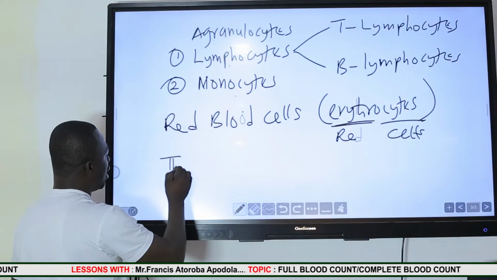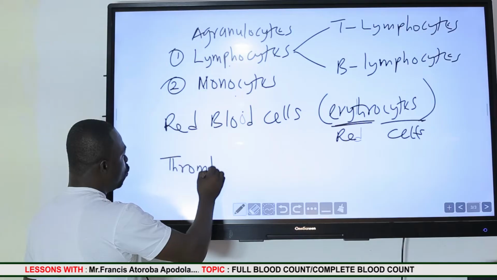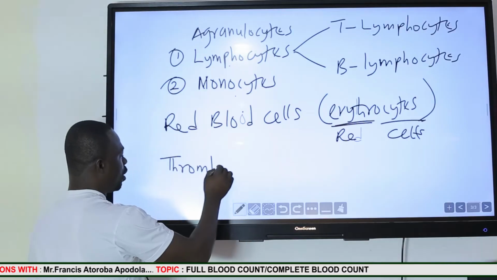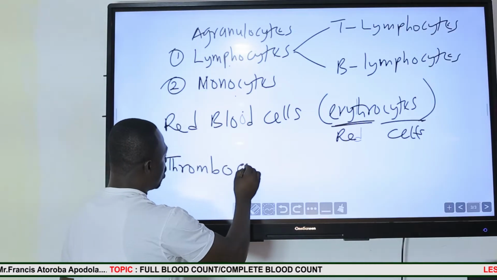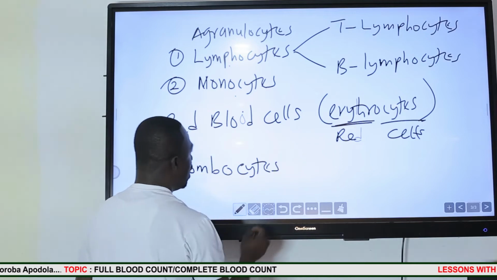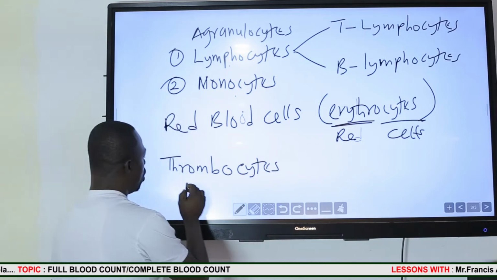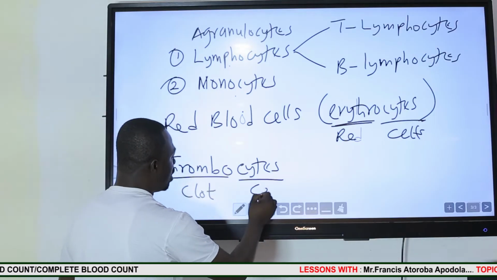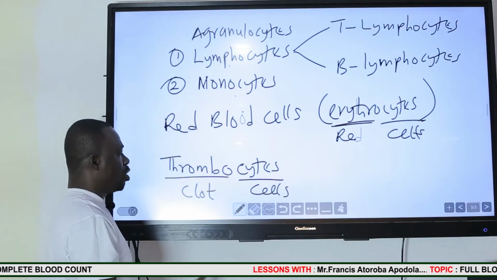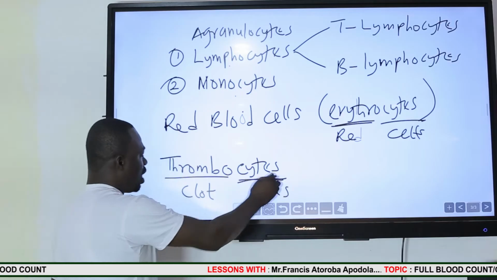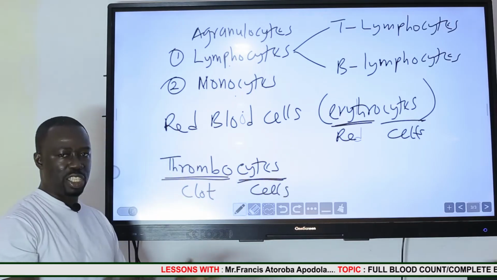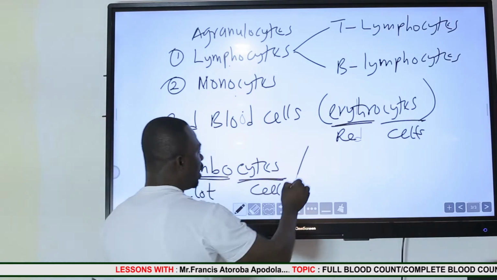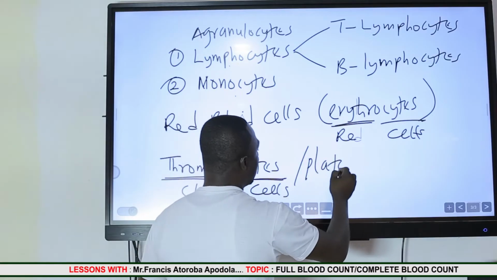Then the other large cell in blood that the full blood count measures refers to the thrombocytes. Now, thrombo means clot, and cyte means cells. In other words, thrombocytes refers to cells that are involved in blood clotting, and typically these cells are also called platelets.